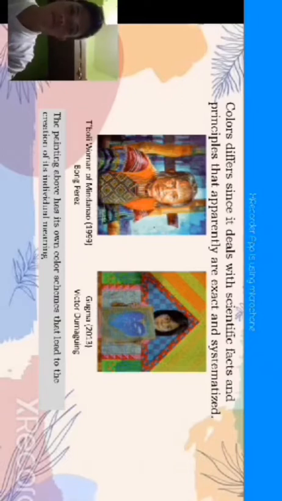Tiboli Woman of Mindanao by Bong Perez. Bong is working as art and Japanese language professor in the University of the Philippines, Mindanao. That's why he is the one who made this Tiboli Woman of Mindanao. A color scheme is used to describe the overall selection of colors in an artwork.